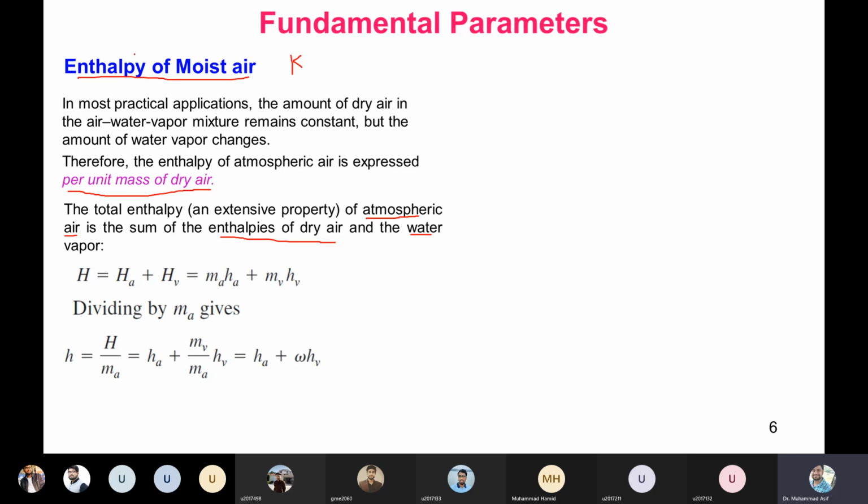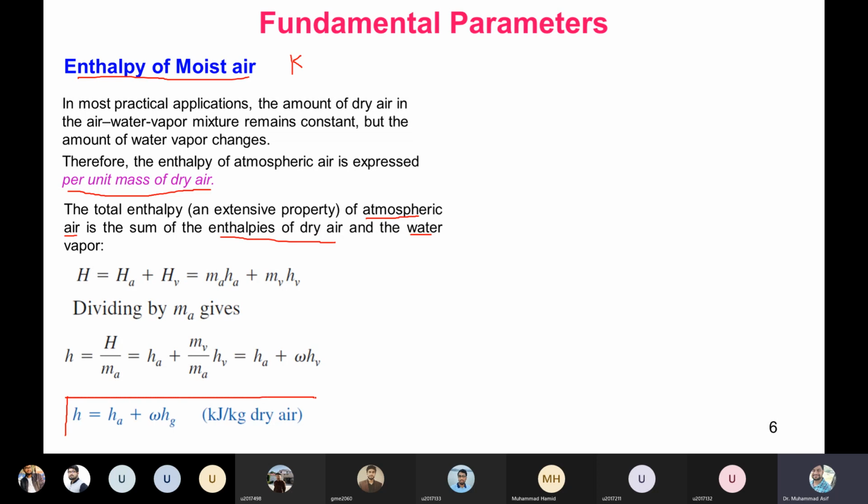So that's how we should represent the enthalpy of the moist air: as the enthalpy of the moist air per unit mass of the dry air. If we divide the above equation, this will be cancelled out. Then we'll have hA plus mv divided by mA into hv, whereas we know this ratio mv divided by mA is omega. So this is how we can calculate the enthalpy of the moist air.